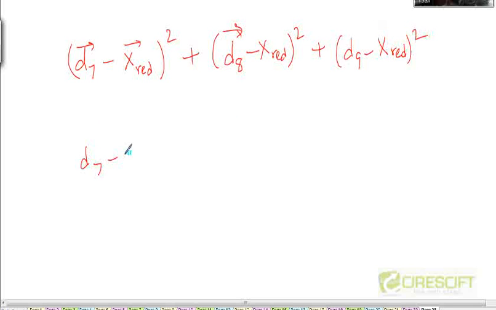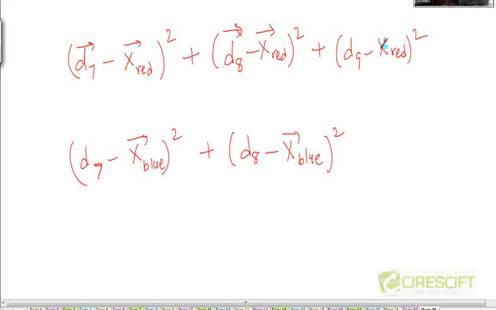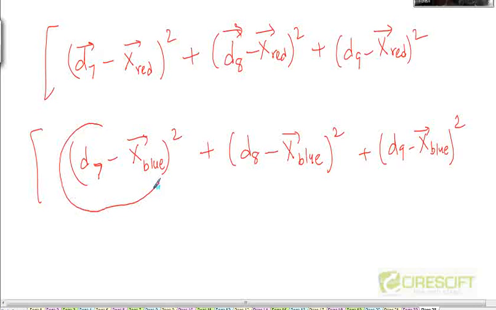And let's look at the same thing with respect to the blue cluster. Now can you tell me which of these two is the smaller? So the blue one. This is smaller, right? Because this value is smaller than this value.